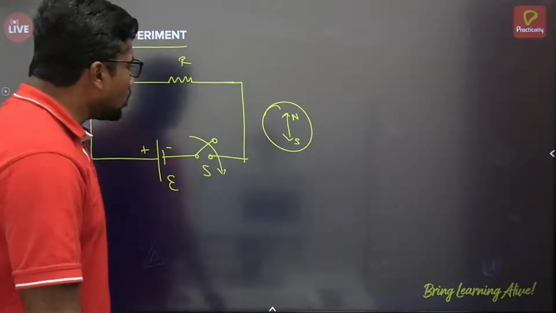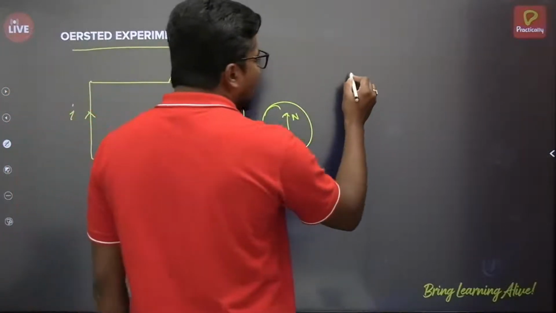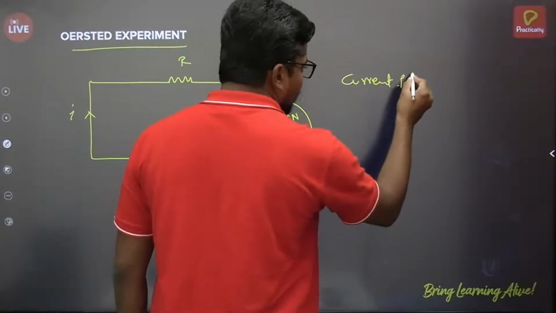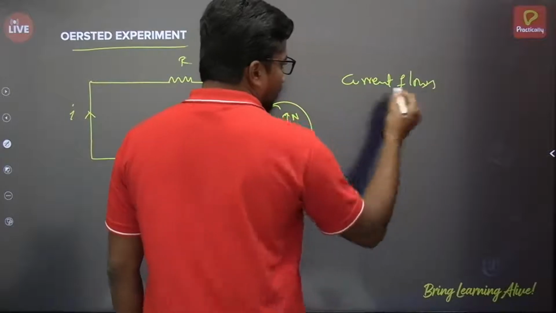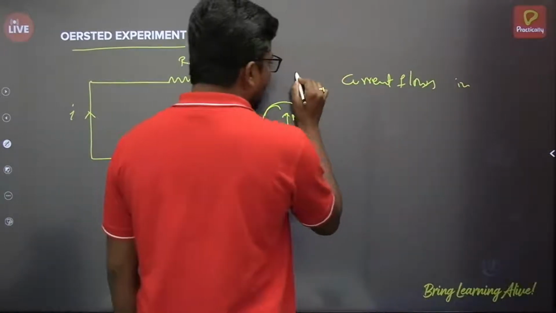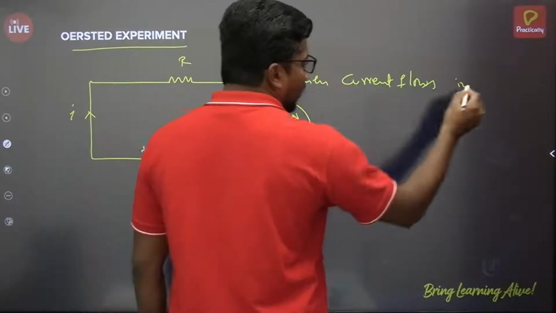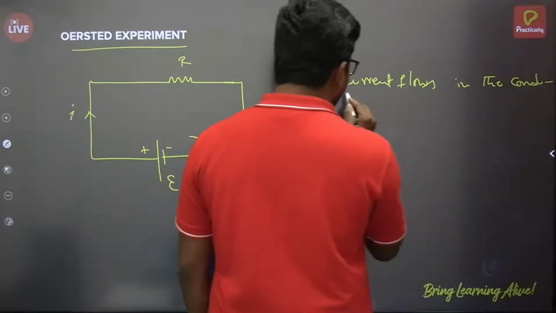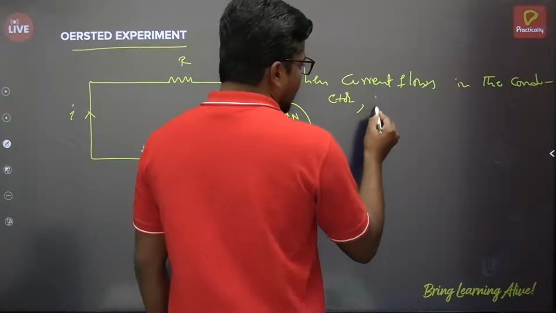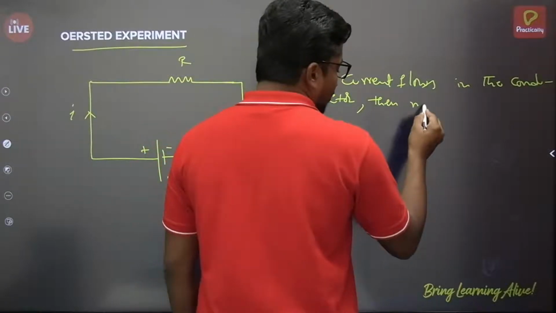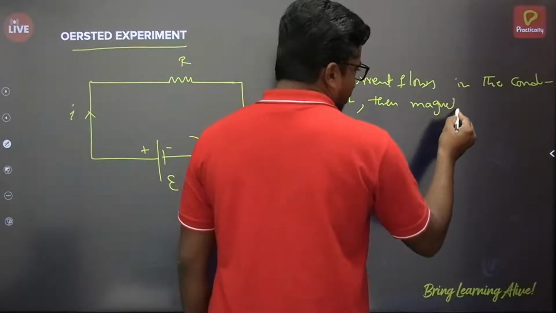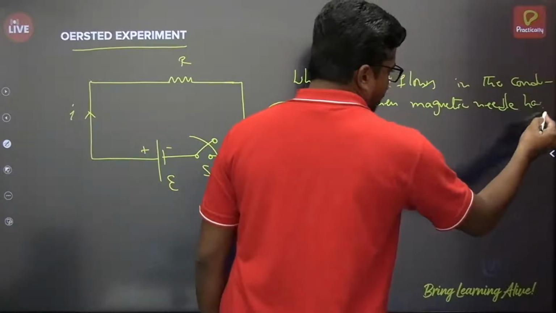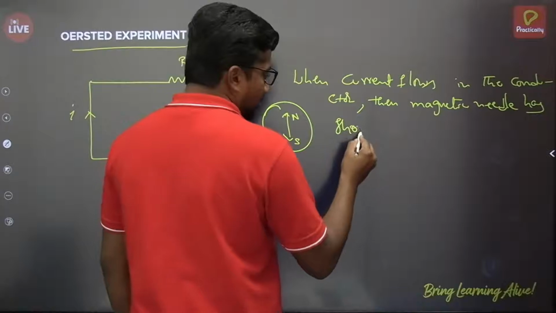Okay, so the conclusion here is, when electric current flows in the conductor, then the magnetic needle has shown deflection.